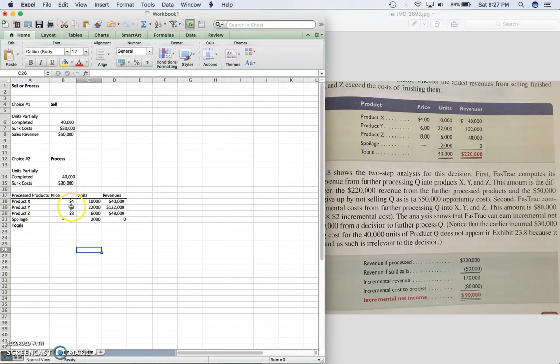Product Y, $6, 22,000 units, $132,000. Product Z is $8, 6,000 units, $48,000. And there's some spoilage. We would lose 2,000 units, but no lost revenue, I guess. So totals, we could sum this up.